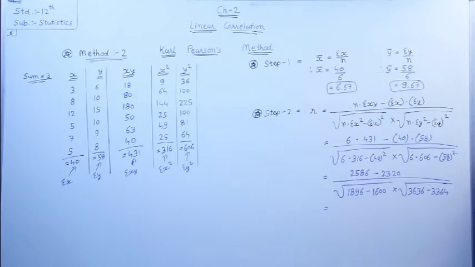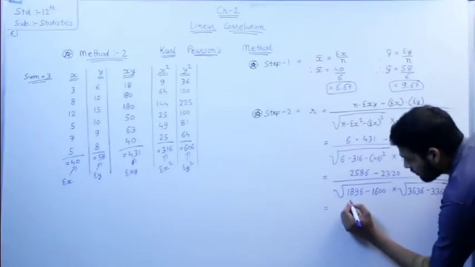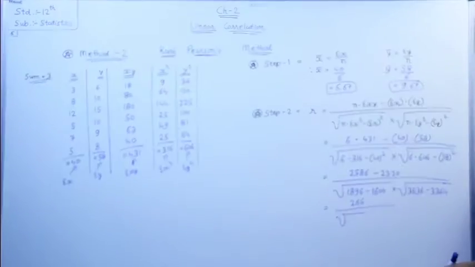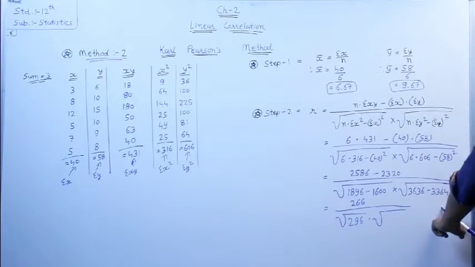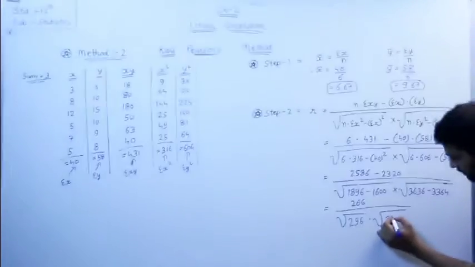So after deducting both values, we get the answer of the numerator is 266 upon under root 296 multiplied by under root 272.